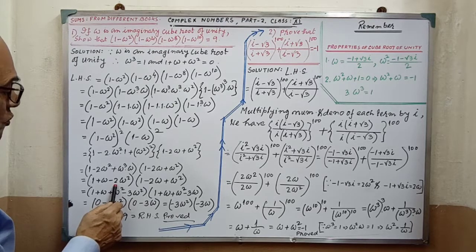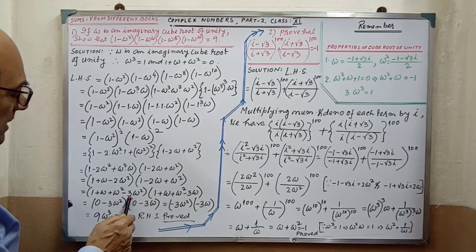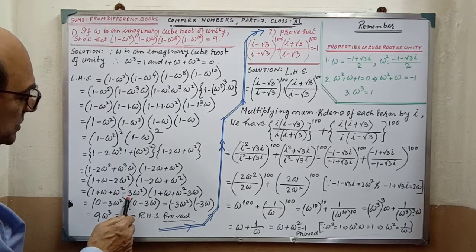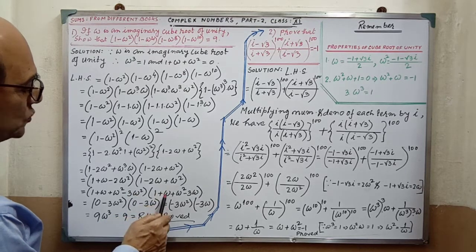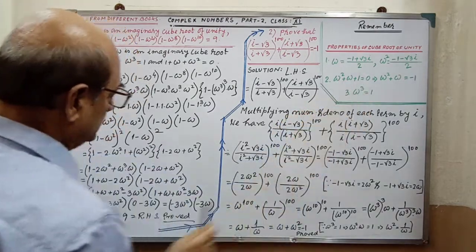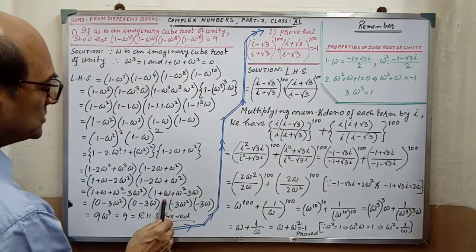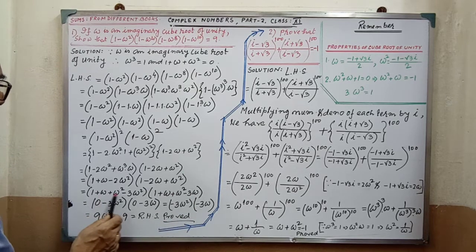Here minus 2 omega square, 1 plus omega square; this is why, for balancing, minus 3 omega square. In the same way here plus omega I am considering for getting this frame, and this plus omega is balanced by 3 omega. Then we have to put the value.